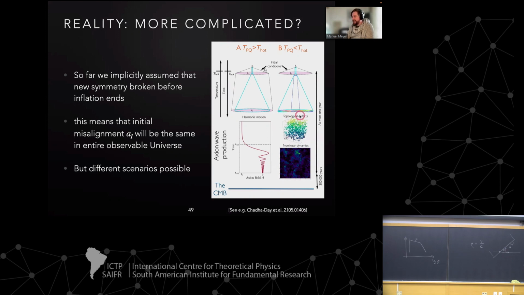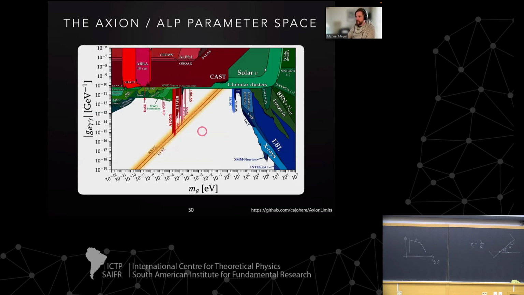And then you can get something that is called topological defects. So we have two regions with different initial misalignments. Then you will get these so-called defects that then could decay into axions. And then most of the axion dark matter is actually given by the decay of these topological defects. So we have only discussed a simple scenario, but this could be much more complicated as a side note. But the takeaway is that if we have this initial misalignment, then axions could be cold dark matter.